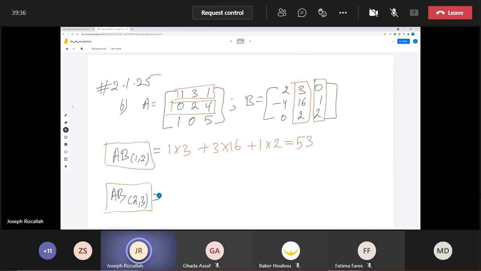We get 0 times 0, so it's just 0, of course, plus 2 times 1, plus 4 times 2. And this is 10, of course. And that's it. This is the 2-3 entry of this matrix.